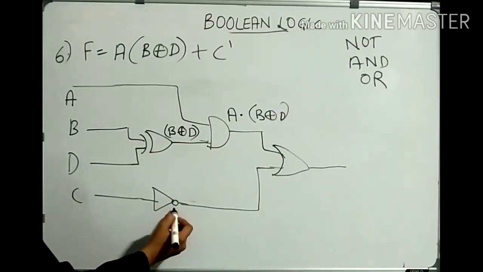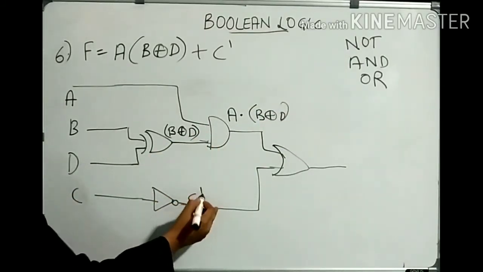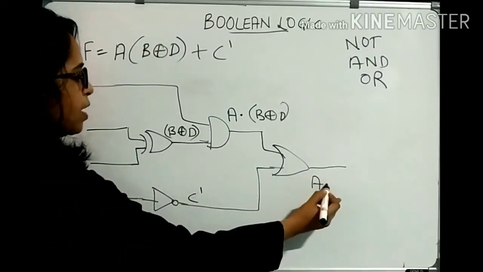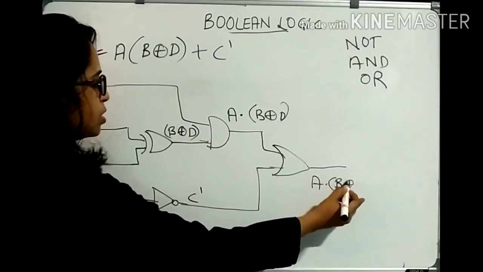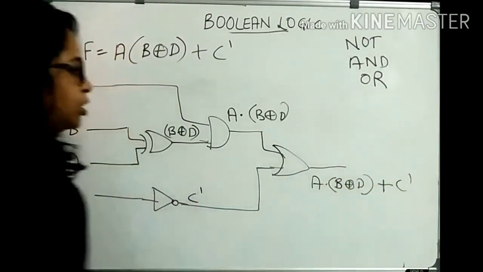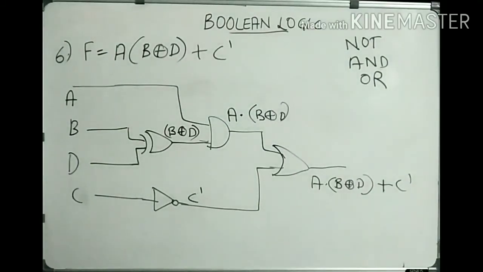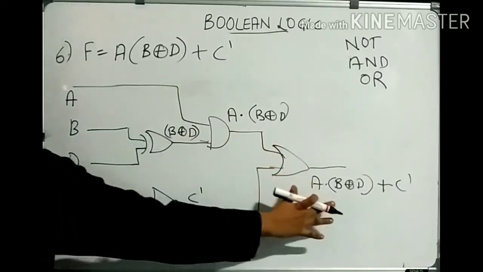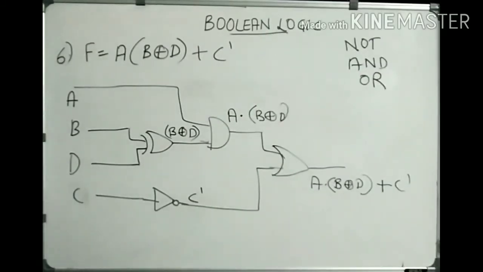Then from C, there is a NOT gate here. So it becomes C dash. And finally, what will be the output from here? A, B XOR D plus C dash. This is the final output. Now let us cross check with this thing. Yes, this is the same. So our answer is correct.